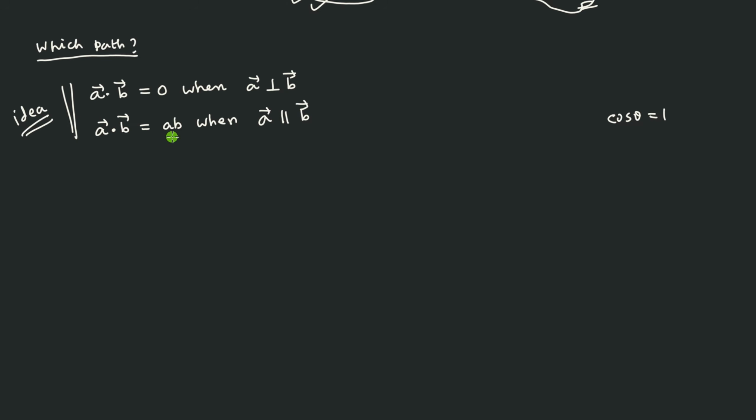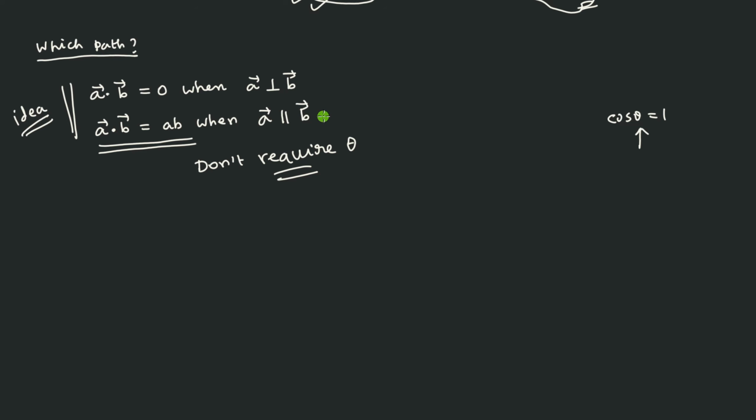The second idea is that A dot B is equal to A into B. The advantage of this particular expression is that you don't require theta.